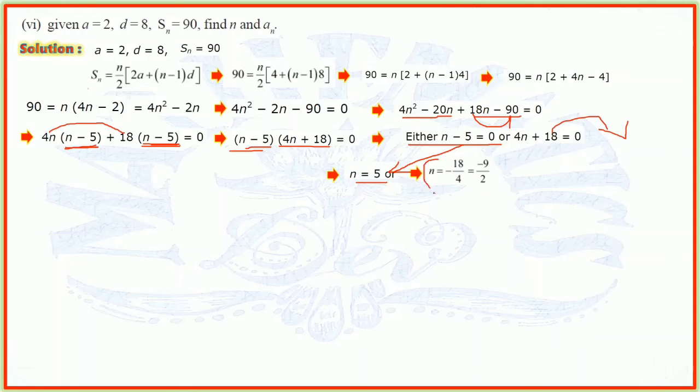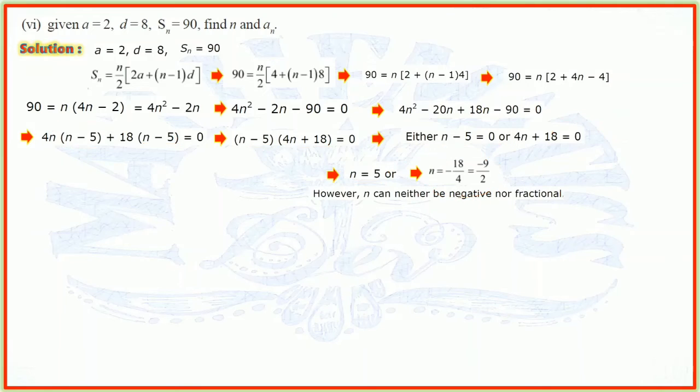Since we are talking about the number of terms, n can neither be negative nor fractional. The number will be 1, 200, like that, not 2.5 or 1.5. So this is an invalid value of n. We neglect it and take only n = 5, which is the right option for this question.